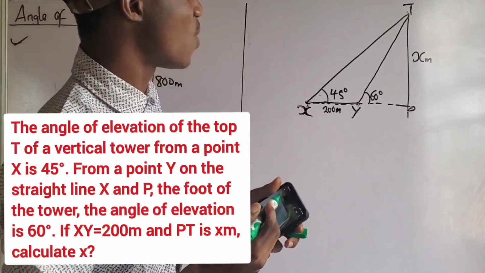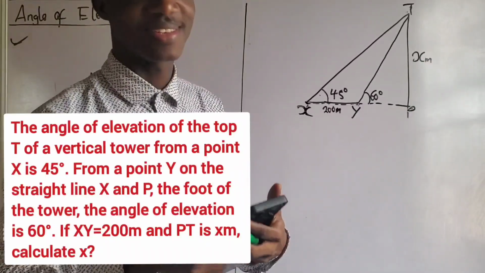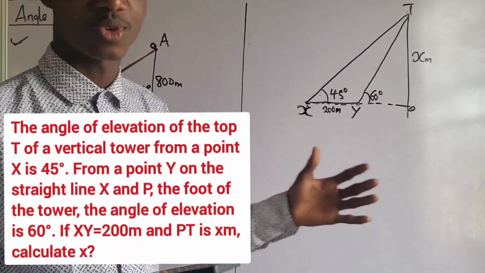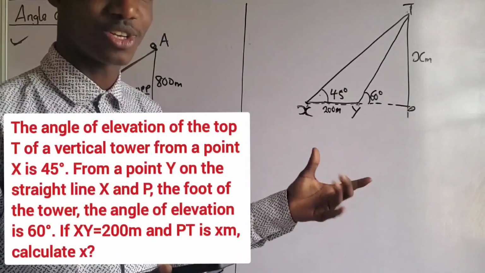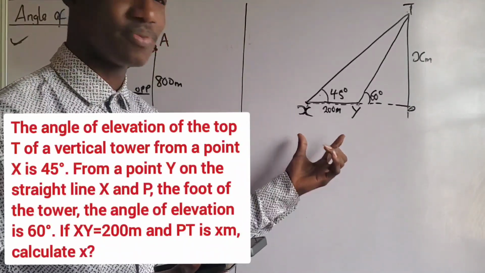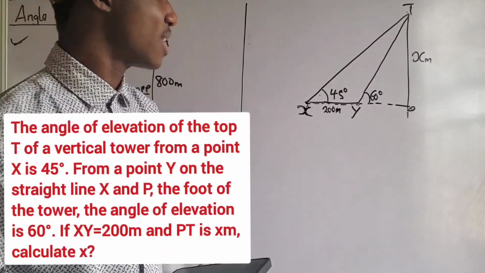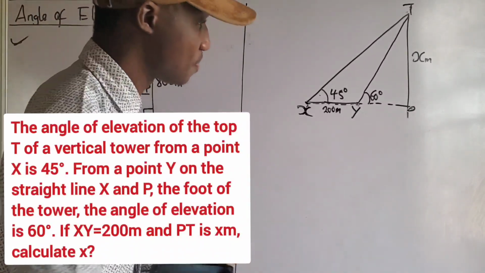Calculate the value of x. Now, please pay attention. I have not solved this kind of question before, so I need your attention. I hope you understood how I got the diagram that we have on the board. Now, listen to me carefully.